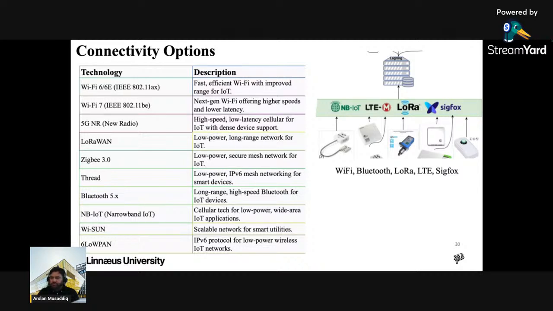For example, now we have Wi-Fi 6, Wi-Fi 7, fifth generation based New Radio, or LoRaWAN, Zigbee, and many others. Each of these connectivity options is tailored to specific IoT requirements such as power consumption, range, and data throughput. Choosing the right option depends on the specific application and constraints of your IoT system.